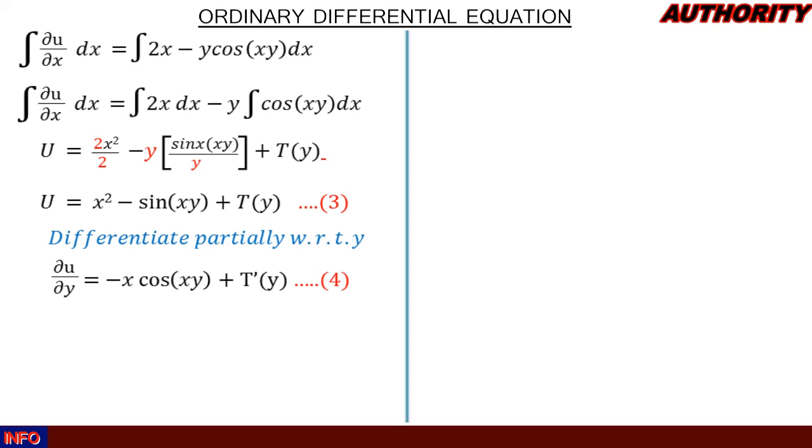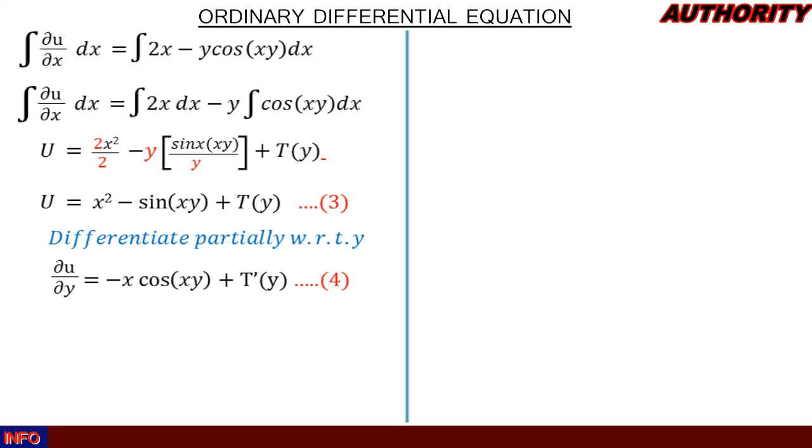Now let's go. So the partial derivative of this u with respect to y is giving us minus x cos xy plus, here we have our constant t of y. Because when we differentiate a constant, it should give you 0, right?